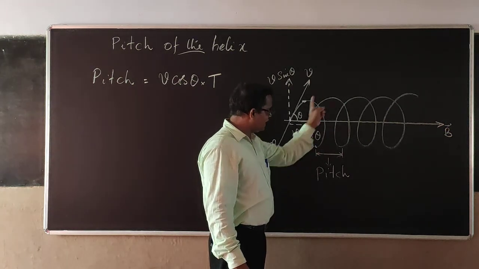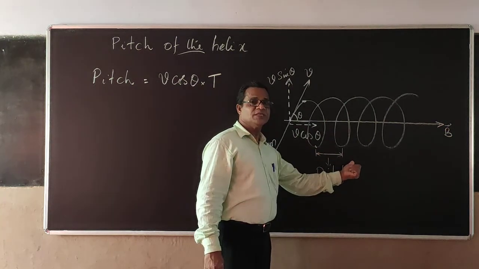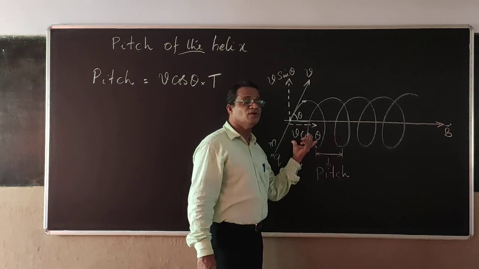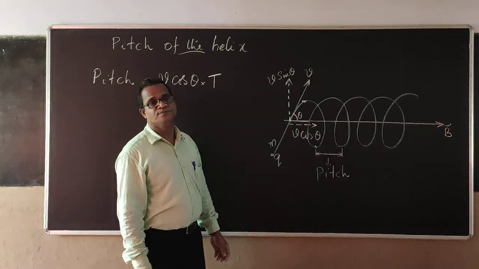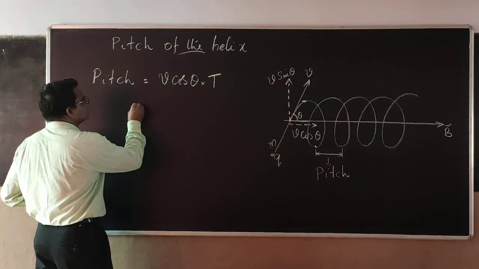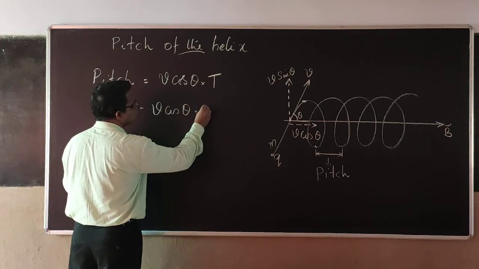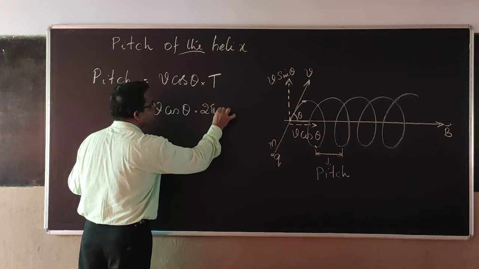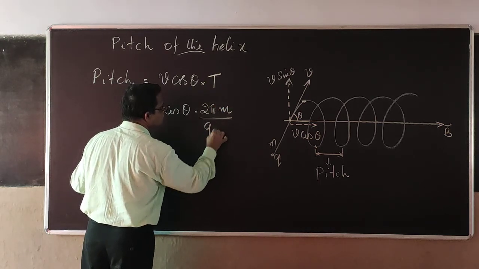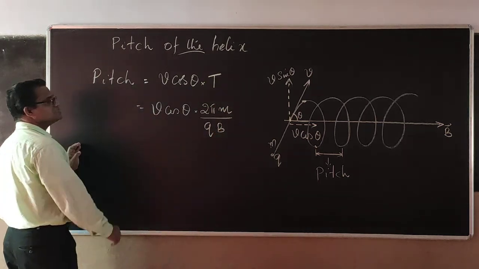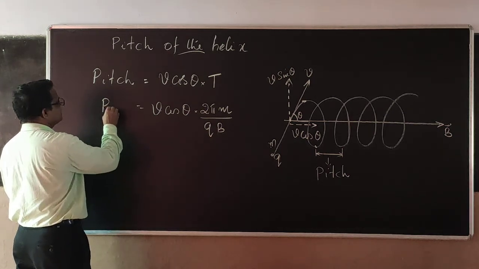So within that time, the particle is moving along this direction with a uniform velocity v cos theta. Therefore, the pitch will be equal to v cos theta into 2 pi m divided by q into B. This is the equation for pitch of the helical path.